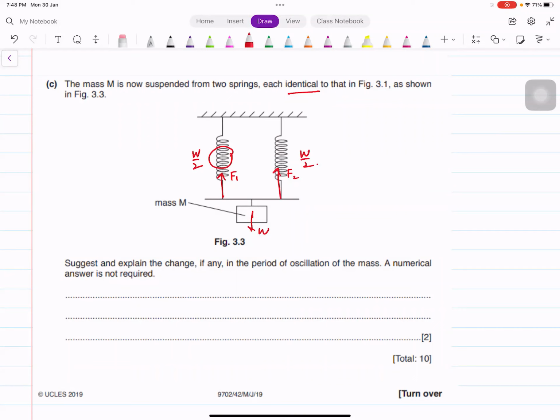Now, this question basically comes from something you might remember, that in AS we did elastic potential energy is half kx squared. You guys remember this?